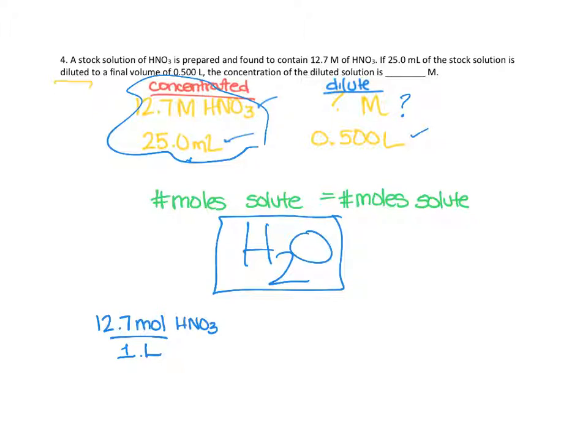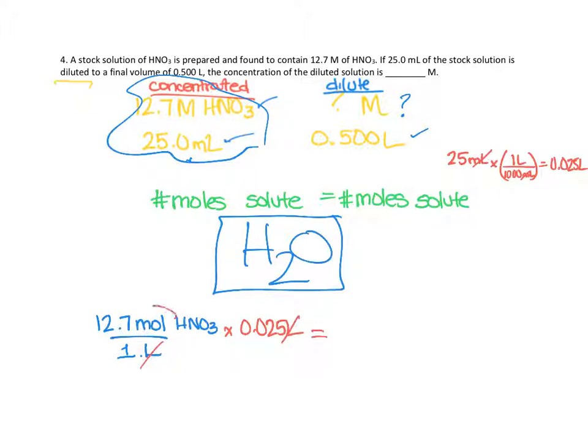Well, I don't have 1 liter. I have 25 milliliters. So somewhere off to the side, I probably want to do one of those conversions. 1,000 milliliters equals 1 liter. So in fact, I have 0.025 liters of this solution.